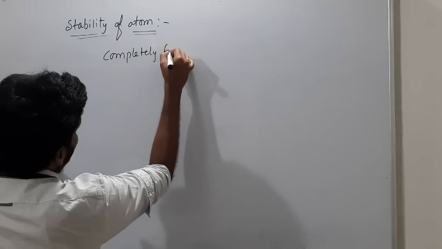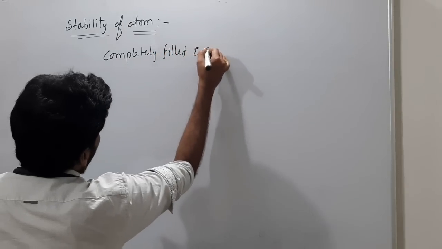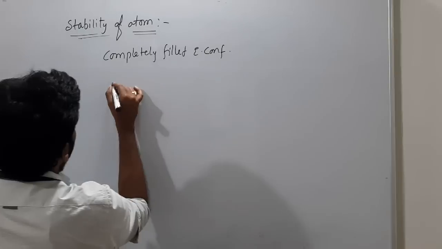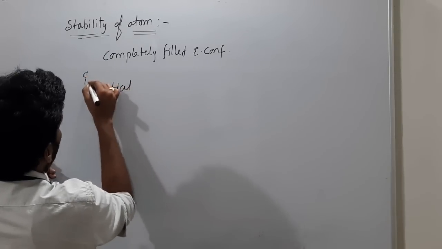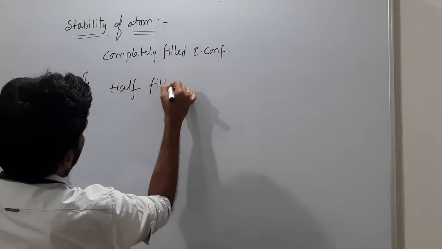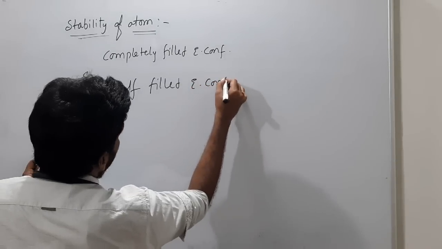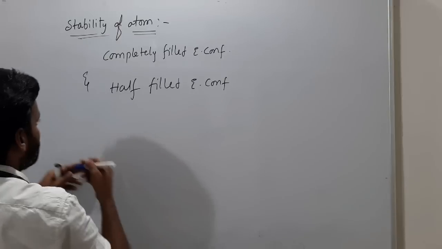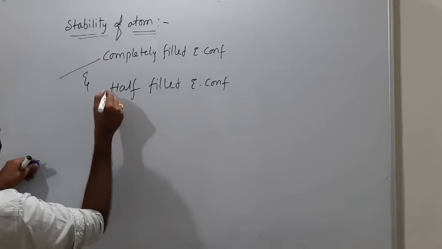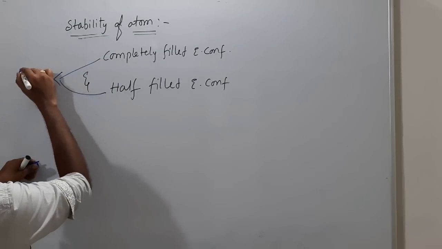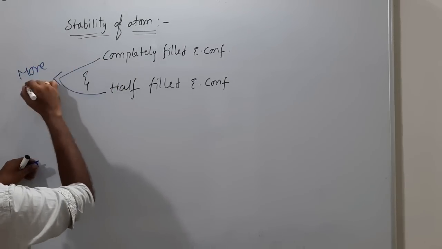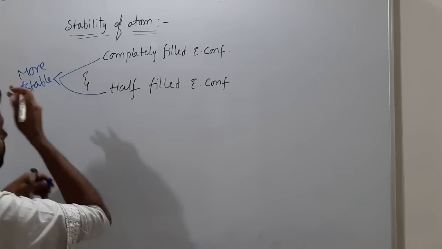One is the completely filled electronic configuration and the other is the half filled electronic configuration. These completely filled and half filled electronic configurations are actually more stable.